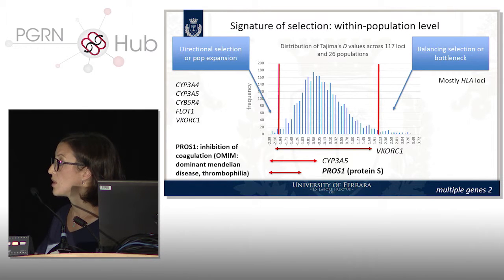But then you see here that PROS1 stood out, because in this protein the signature given by Tajima's D was consistently negative for all populations, which is what you expect when there is purifying selection acting on a gene. And this is not surprising because there is an OMIM entry for this gene, because there is a dominant variant that is correlated to thrombophilia.